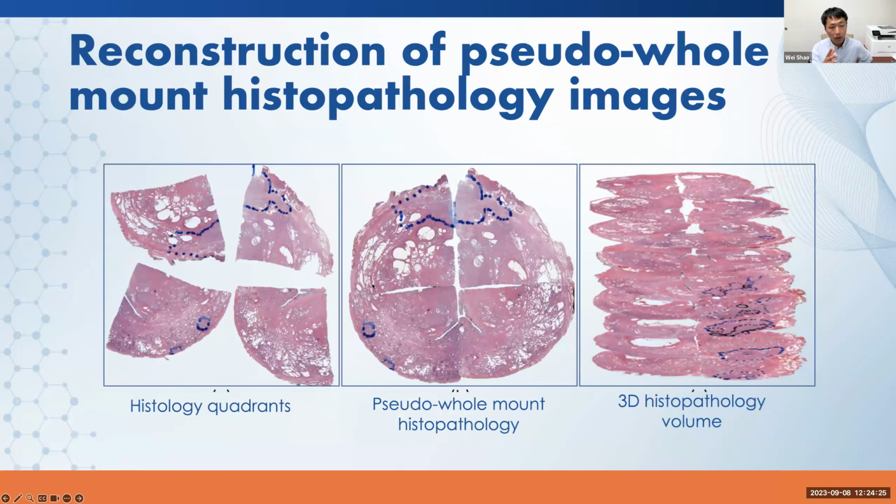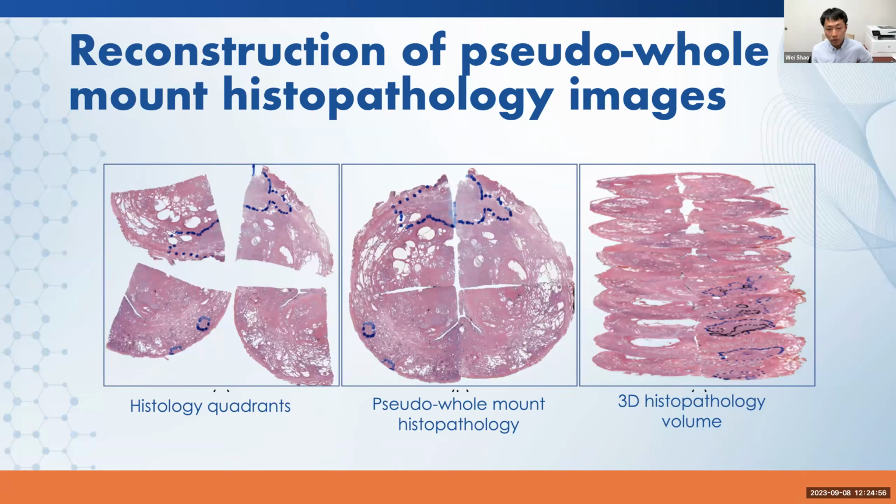So the first step is for histopathology fragments, we need to reconstruct them into a pseudo-whole-mount histopathology image. This is the urethra and this is the cancer. Also you need to make sure the left and right orientation, everything, are correct. So we use two approaches. One approach is a semi-automated tool to do the reconstruction.